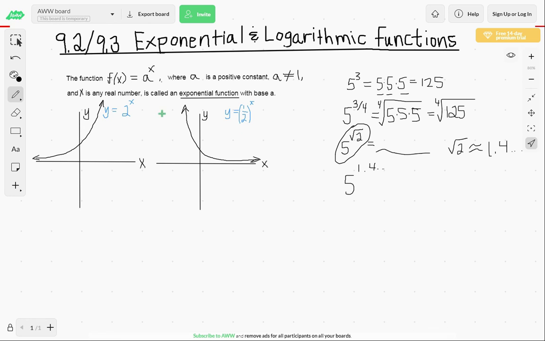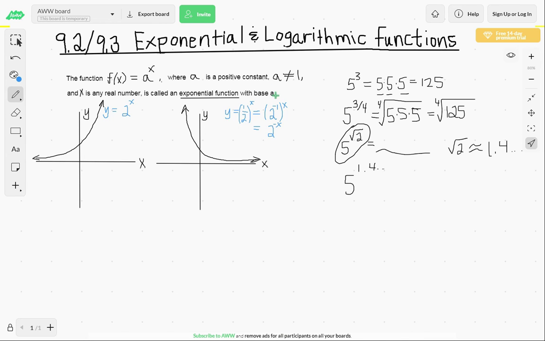Something peculiar to point out with these two pictures is that if we rewrite 1/2 to the x as 2 to the -1 to the x, that's actually the same thing as 2 to the -x, since we multiply the exponents in that situation.